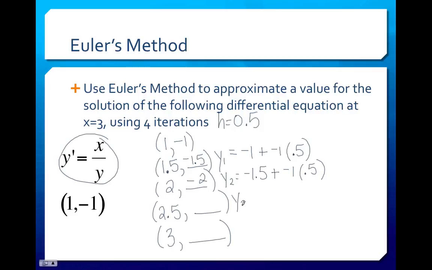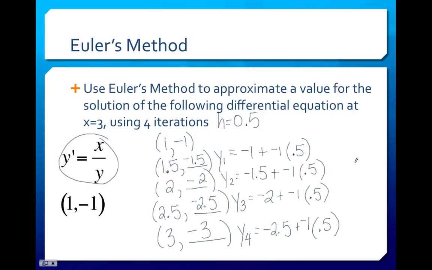My third iteration is equal to negative 2 plus my slope evaluated here again is negative 1. And this is going to give me negative 2.5. And my fourth iteration is equal to my previous y value plus the slope based on my previous point times the step size, which is going to give me negative 3.